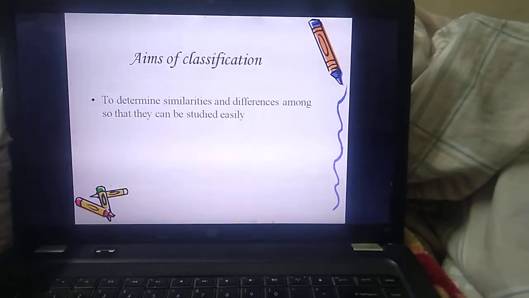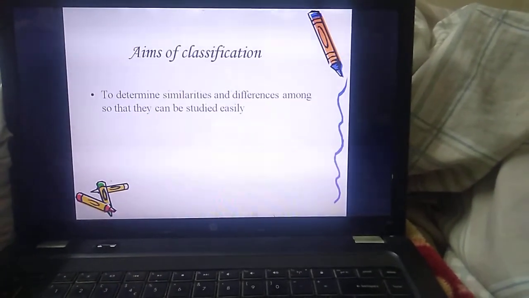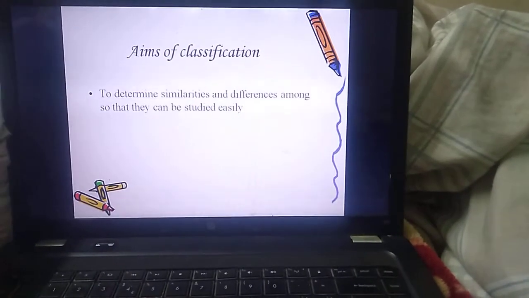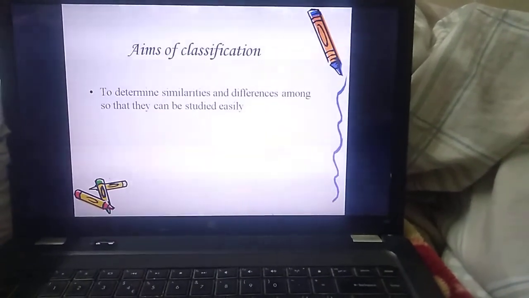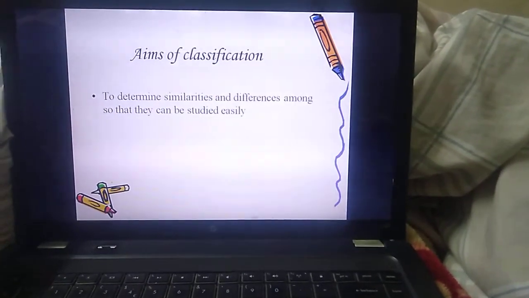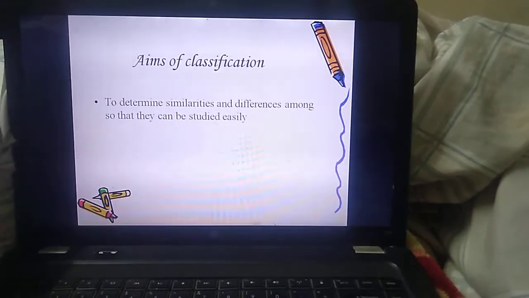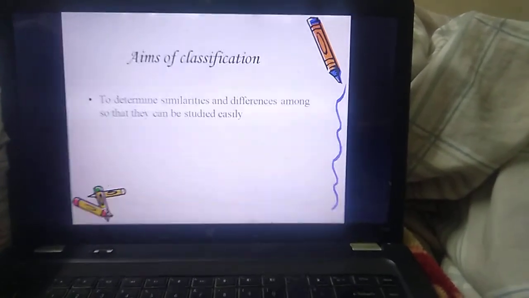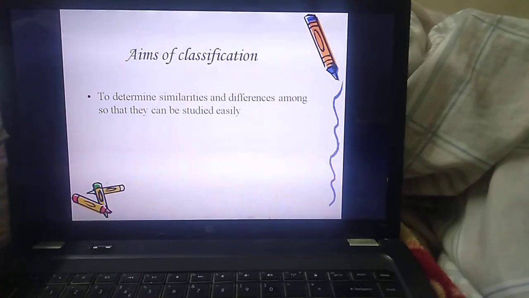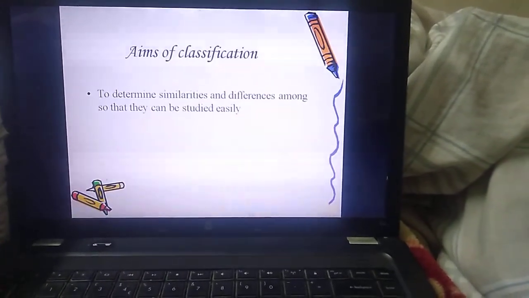Then comes aims of classification. Aims means purpose of classification. There are 2 points included. First one is to determine similarities and differences among organisms so that they can be easily studied.